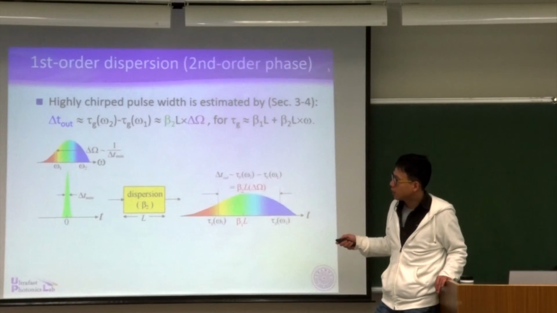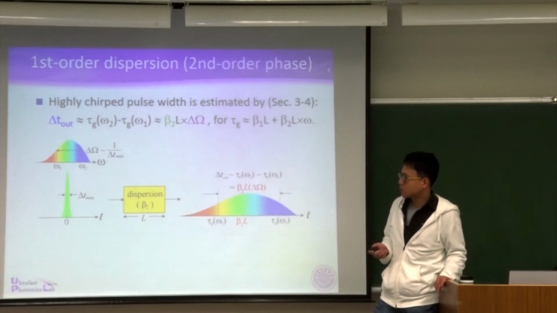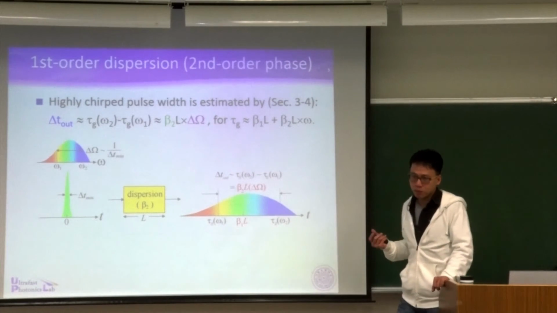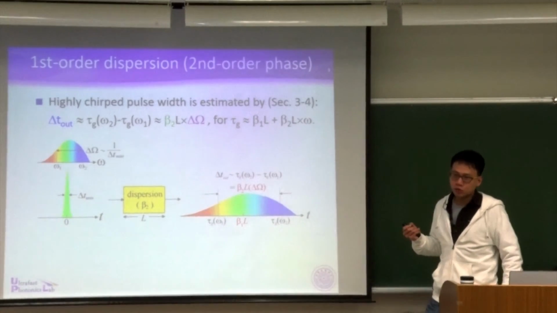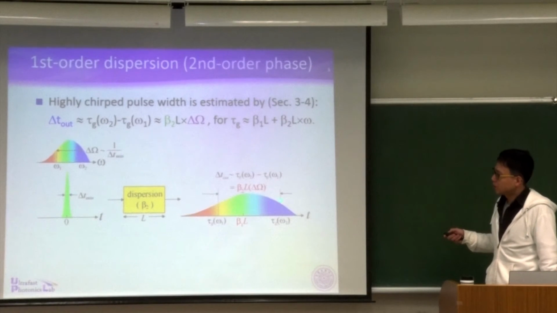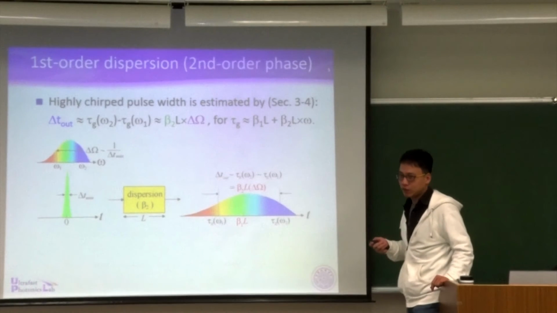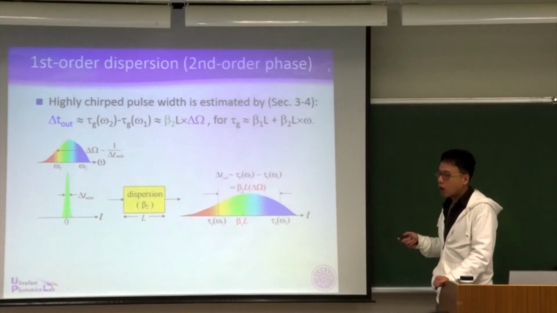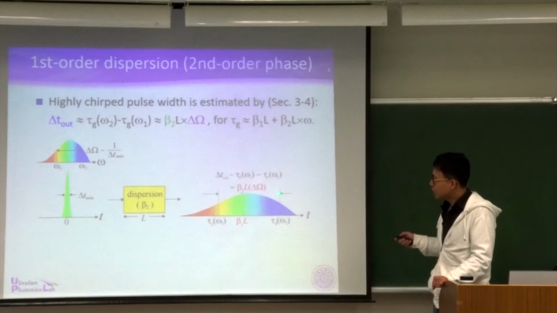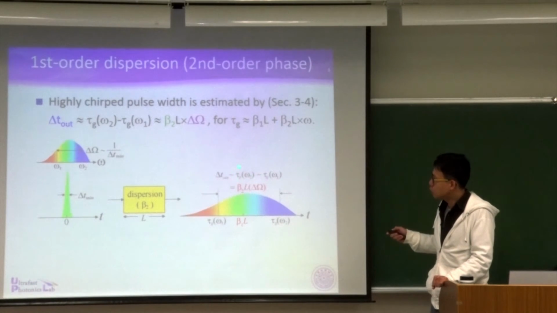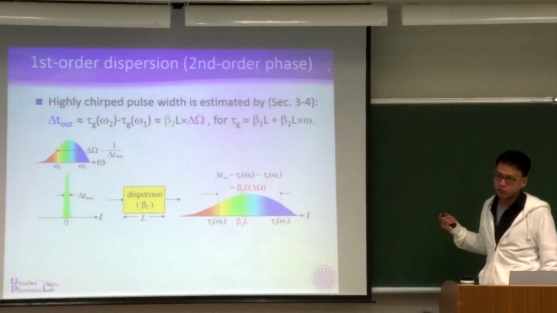Okay. If this pulse passes through a dispersive medium, at the output, you get a stretched, chirped pulse. And how to quickly estimate the output pulse duration? You have the experience already. Just evaluate how long the high frequency components take to travel through this medium. This is tau g of omega 2, the group delay at frequency omega 2.